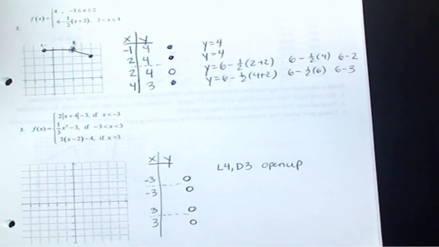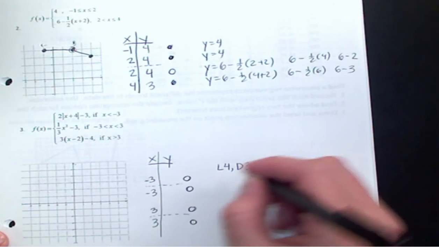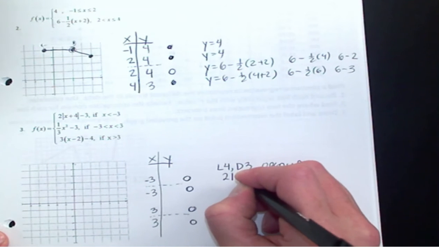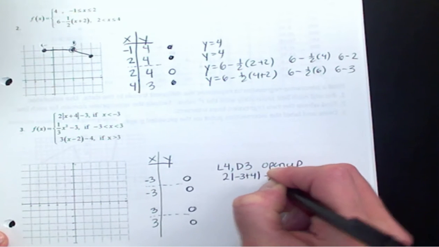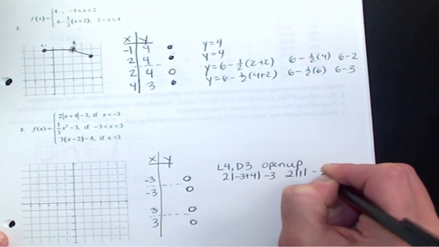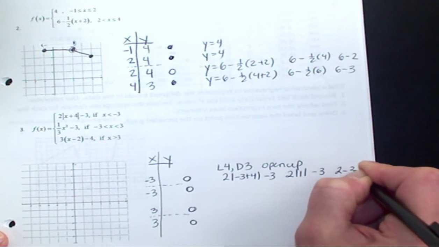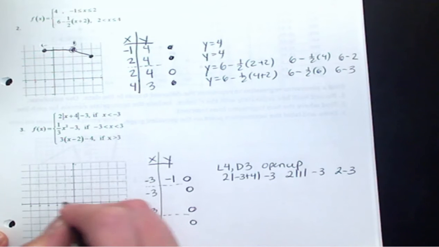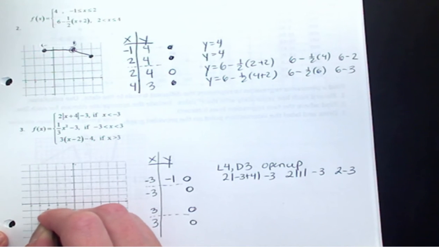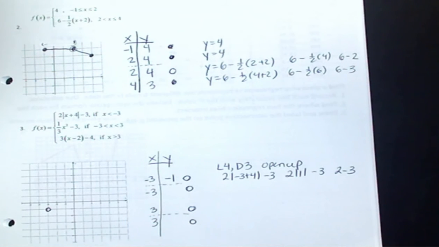Right, I'm just jotting down my transformation on that absolute value graph. -3, okay? Left 4, down 3, right?